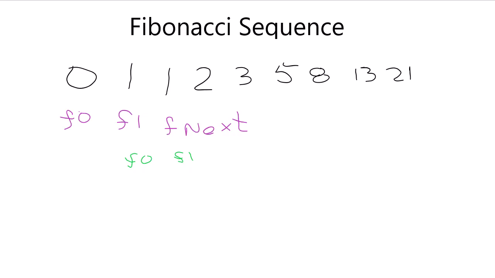And then over here we would have F next. So you can see there's a shift. Every time you calculate a digit, you need to shift values. F1 becomes F0, F next becomes F1, so you can then go on to the loop and calculate the next one.